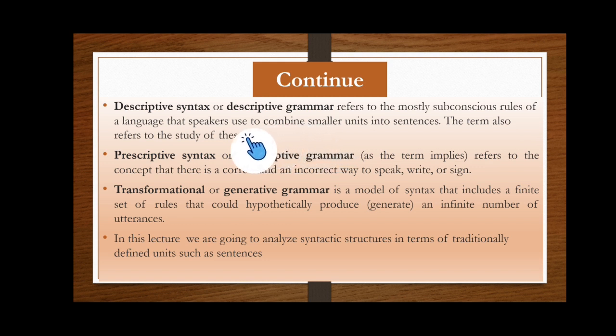So the speakers unconsciously know the rules and they combine smaller units such as words and phrases into a larger unit, and larger units are called sentences. So the term also refers to the study of these rules. We study how unconsciously the native speakers learn the rules and then apply them in a language.